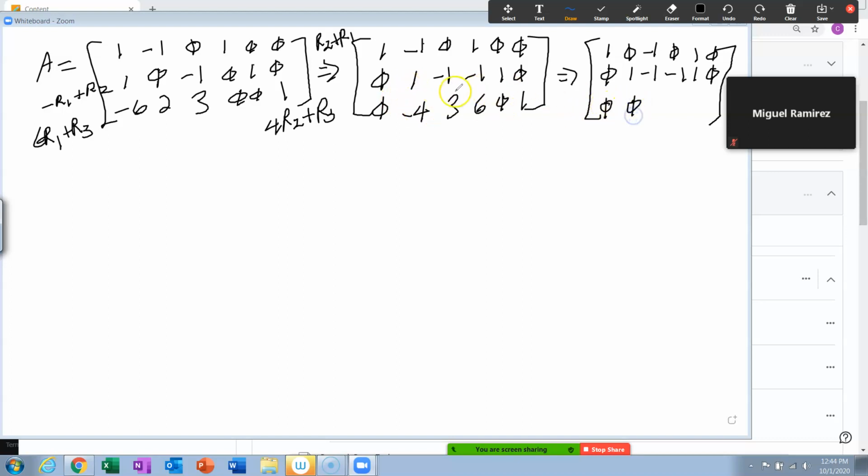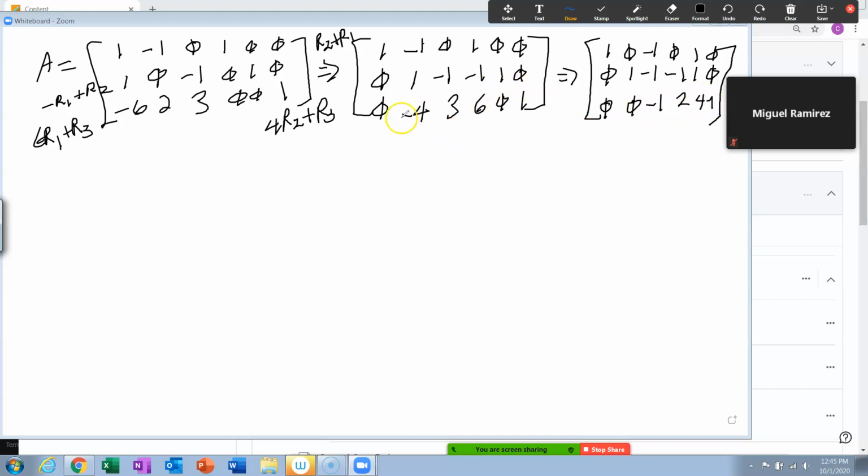We did want that to change to that. 4 times minus 1 is a minus 4 plus 3 is a minus 1. 4 times a minus 1 is minus 4 plus 6 is a 2. 4 times a 1 is 4 plus 0 is 4. And then 4 times 0 is 0 plus 1 is 1.